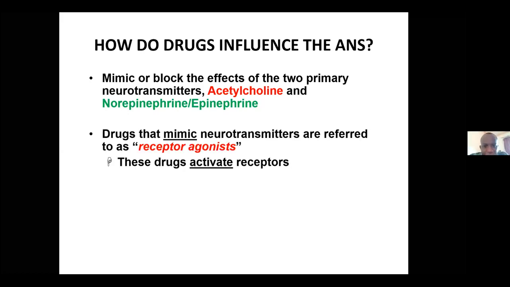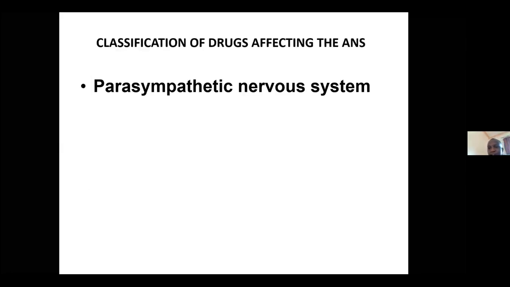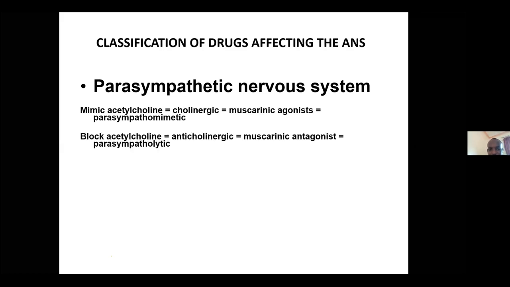As you know from your pharmacology, drugs that mimic neurotransmitters are receptor agonists, which activate receptors, and the ones that inhibit are called antagonists. We're going to talk about the parasympathetic nervous system drugs, and then the sympathetic system. Drugs that mimic acetylcholine, you'll see us referring to them as muscarinic agonists.